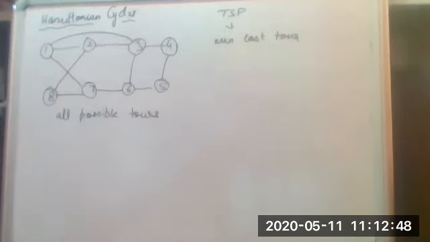So we are not concerned right now about which is the minimum cost tour, but we want to find out the different ways in which we can reach the same source.